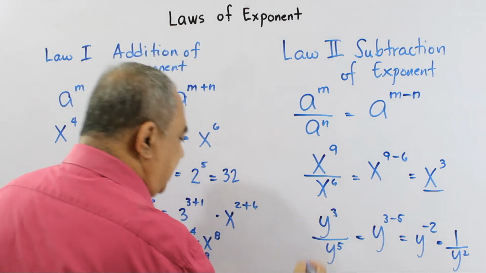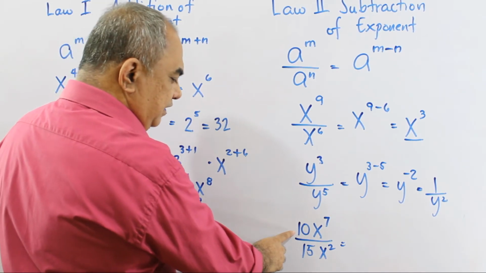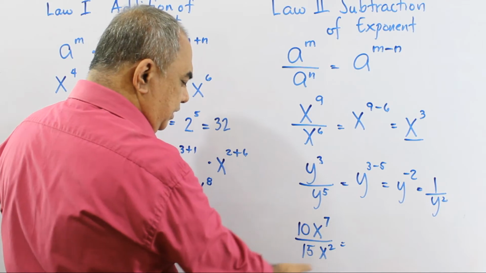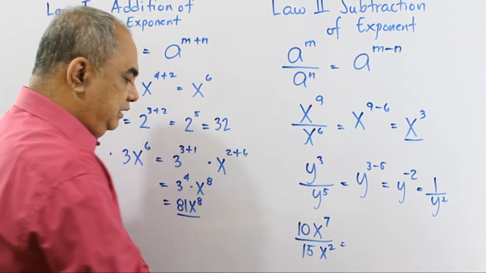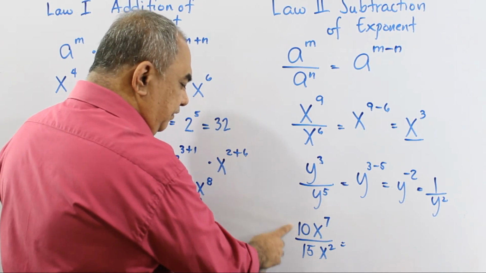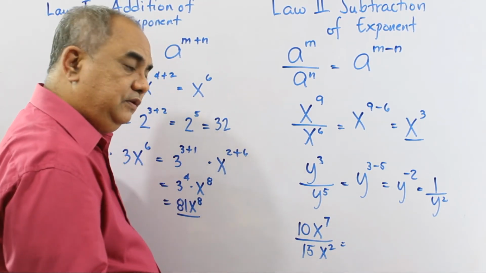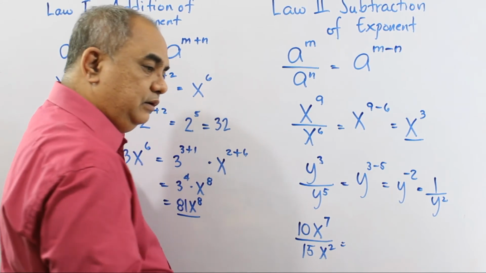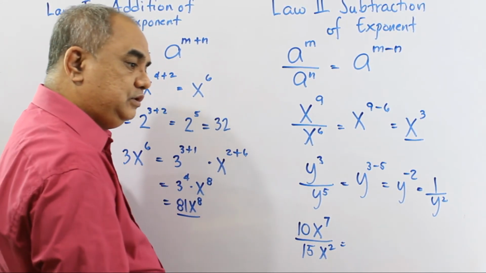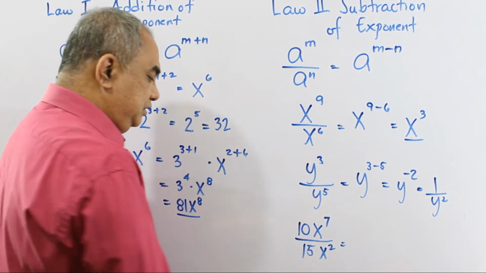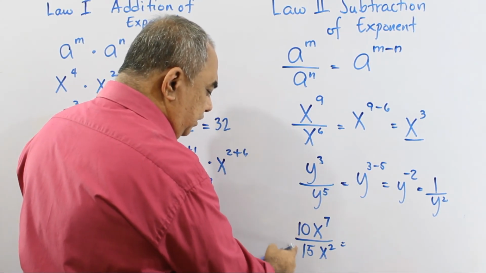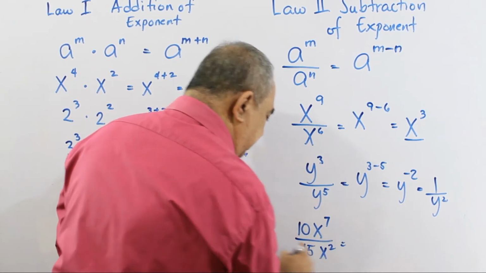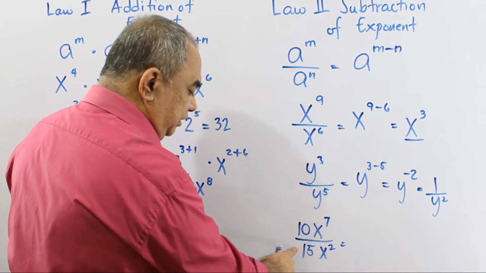Let's have another example. Say we have a fraction like 10x to the 7 all over 15x squared. So what we're going to do here is we first simplify the constant if these two numbers, or if the fraction is reducible to lowest term. Otherwise, you just copy it as is. In this case, we can reduce 10 over 15 into lowest term by dividing both numerator and denominator by 5.